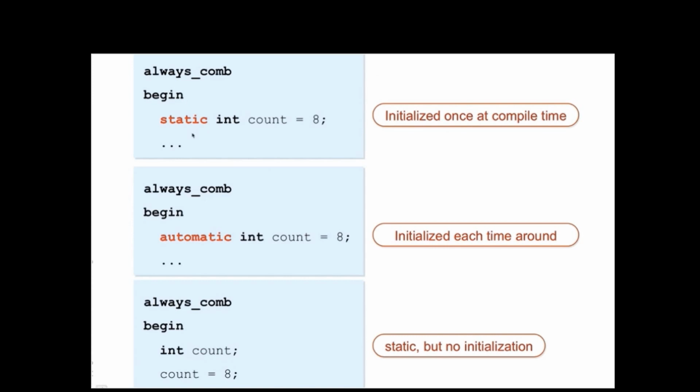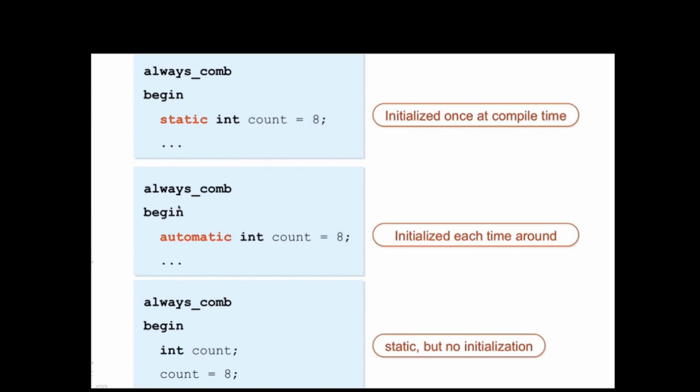The idea behind static is that it retains its value from whenever the always block is run. In other words, the first time, at compile time, this particular count is going to be initialized to 8, and then as the always block runs, it'll update it or not, or just use it. But the point is that the value remains constant as the always block runs.